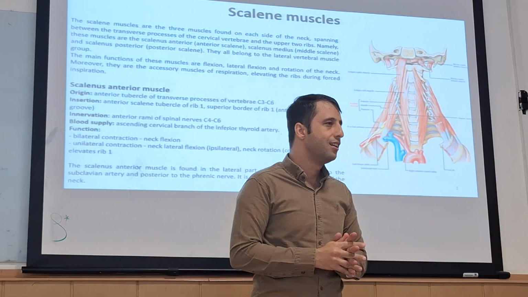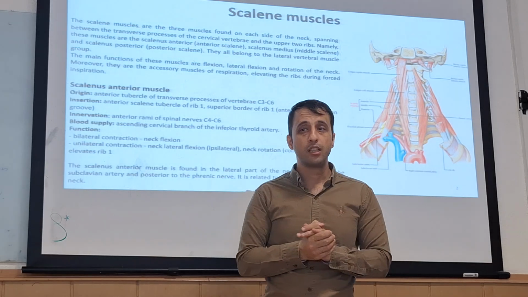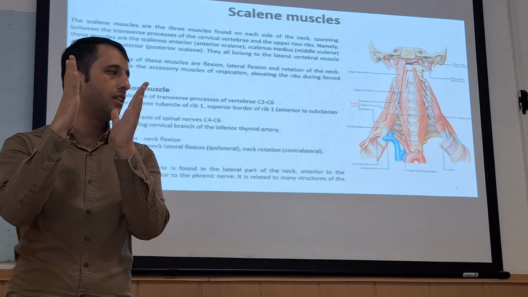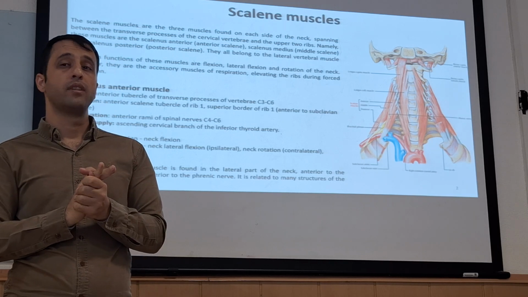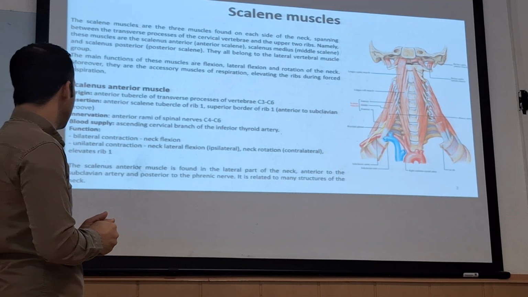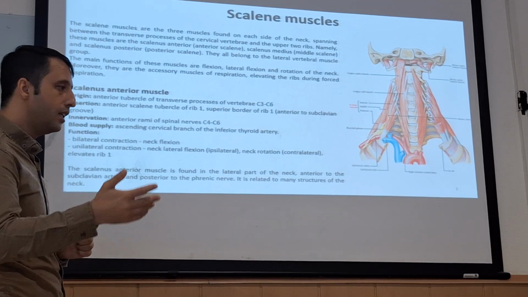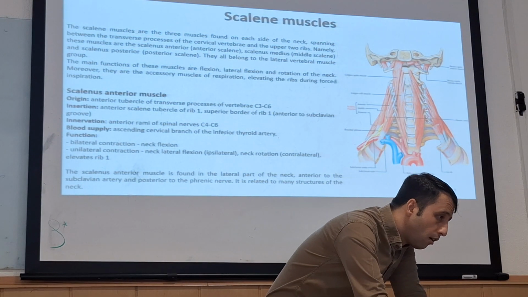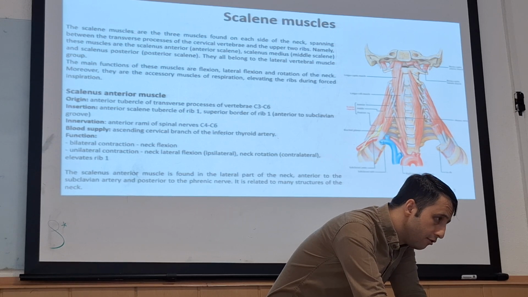Okay. Scalenus muscle. I said that scalenus muscles are located in the posterior triangle. I have 3 scalenus muscles at this area: anterior, middle, and posterior. Look at here. Which muscles are there?